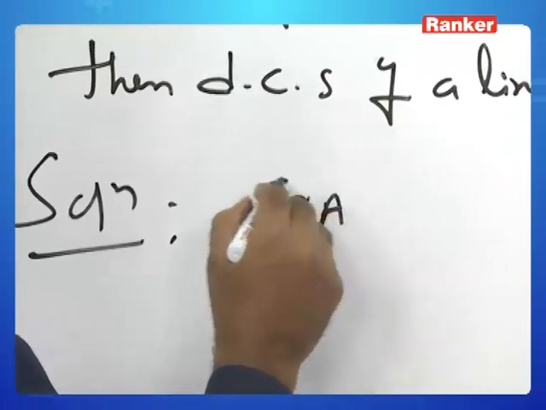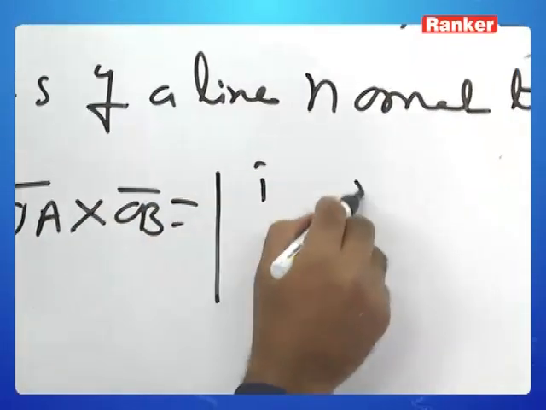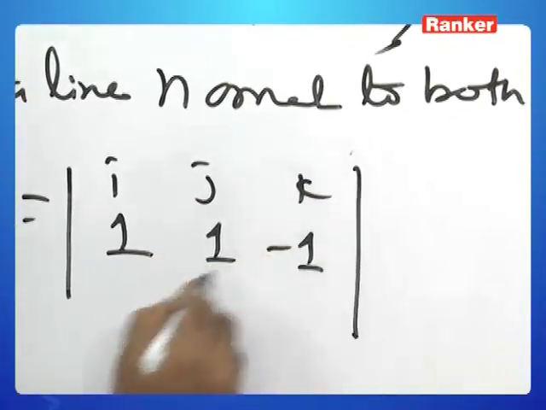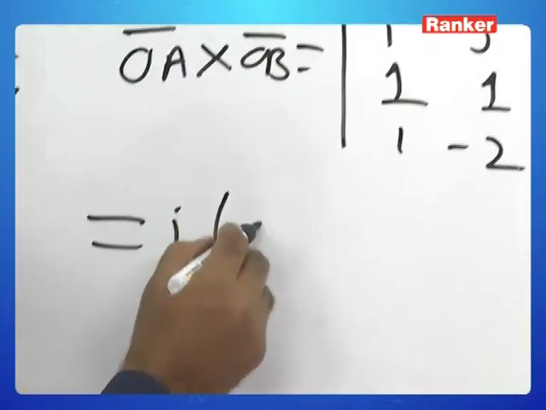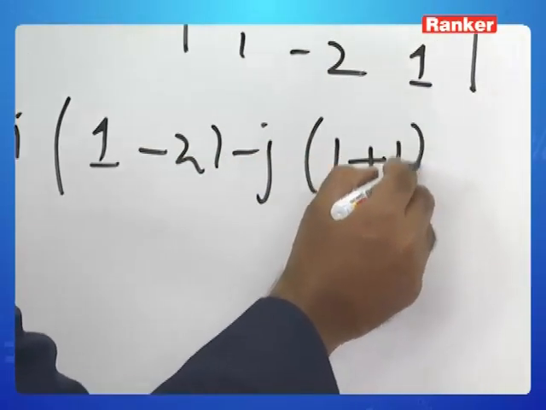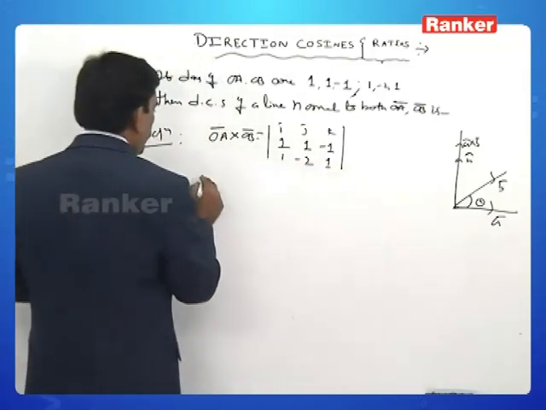With that concept, first I found the DRs of A, which is given. Now the solution is OA bar cross OB bar. I'll find it: this is i, j, k, then 1, 1, minus 1, 1, minus 2, 1. Expand it.